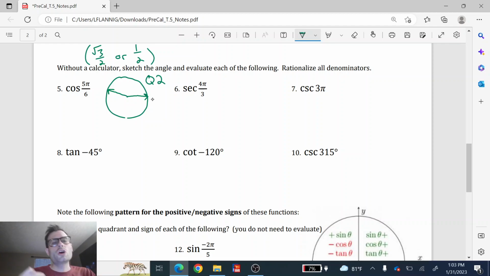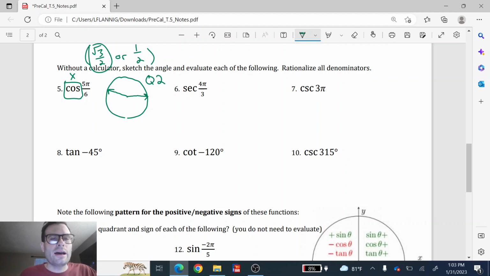So let's think. Cosine is the x, not the y. So we know this is closer to the x-axis if it goes farther in the x than it does in the y. So we know that's going to be the root of 3 over 2 in some sort of way. But we also know not only is it the root of 3 over 2, but it's negative because it's in quadrant 2 and it's an x, because with cosine you can think of the x value of the line.